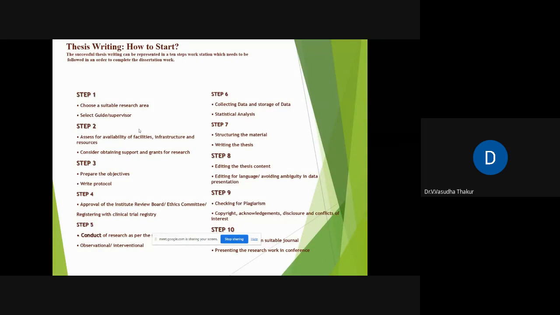Before you move on, you have to ensure that the content is ready, and that your language, the ambiguity of the data, and the presentation are good. You have to ensure all this is correct in its own position, which will enable you to smoothly start your thesis writing and end smoothly.